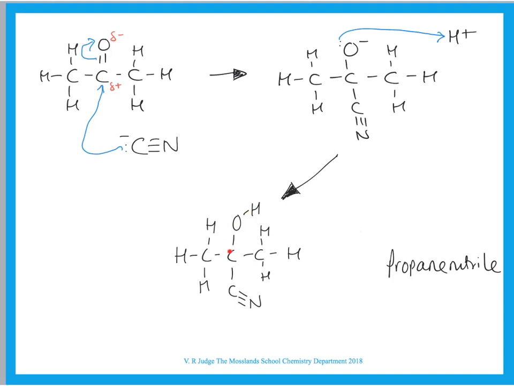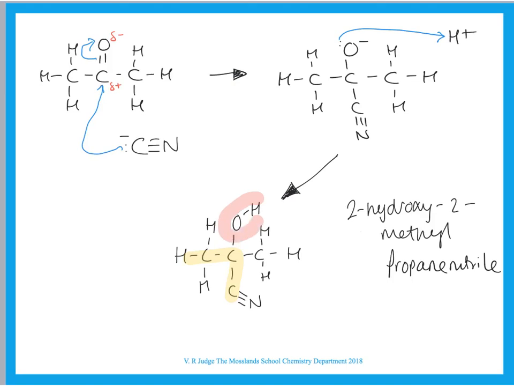So you've got 2-hydroxy and 2-methyl coming off that propanenitrile backbone. Putting those in alphabetical order, your full name for your product will be 2-hydroxy-2-methylpropanenitrile, and we are considering this to be our longest carbon chain.